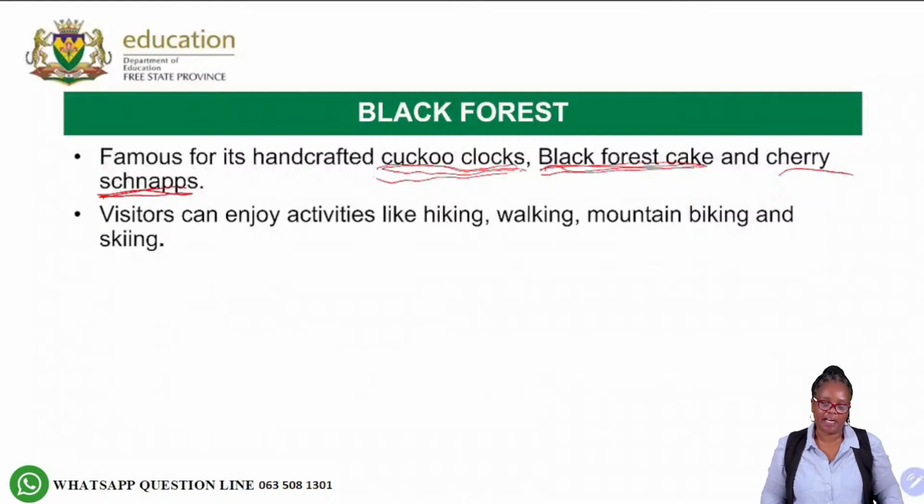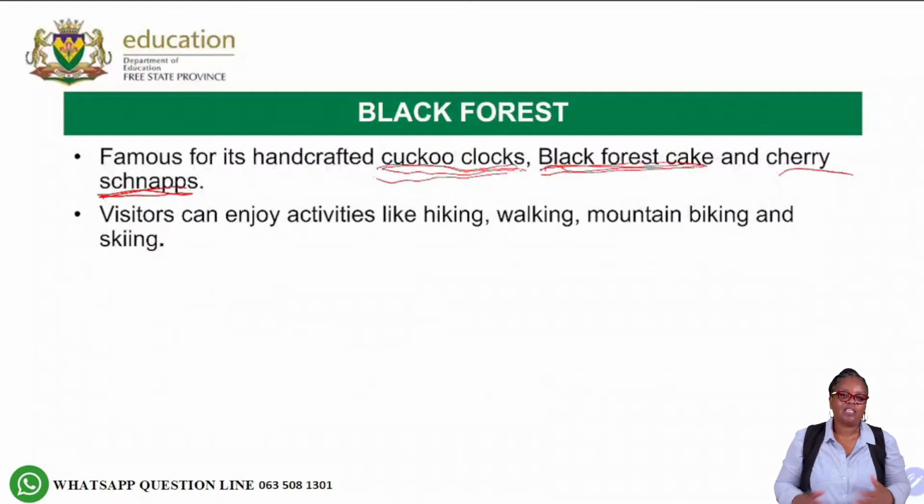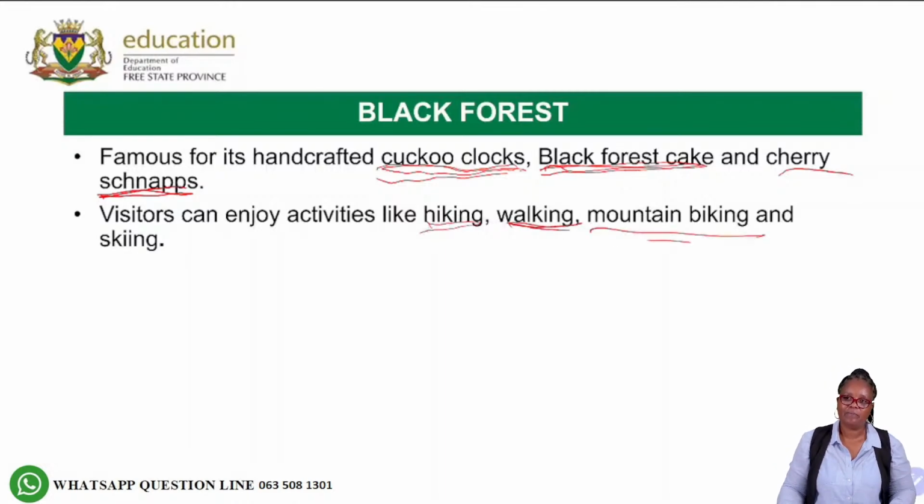When tourists visit this area, there are so many activities that they can do on this attraction. They can do activities like hiking, they can do walking, they can do mountain biking and skiing. We have to know the activities for each icon.